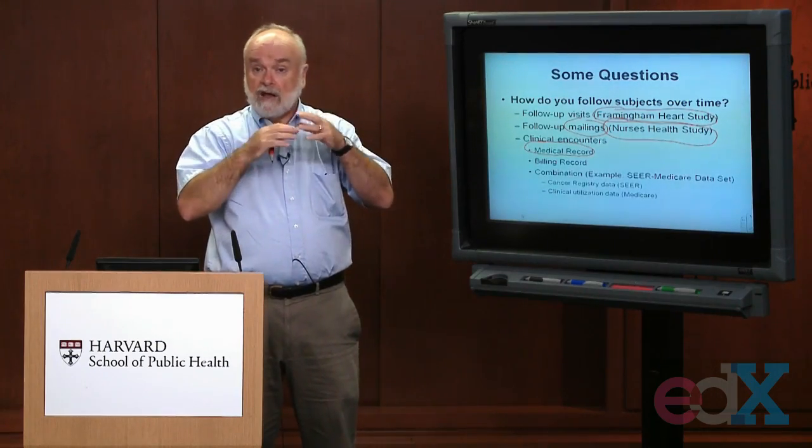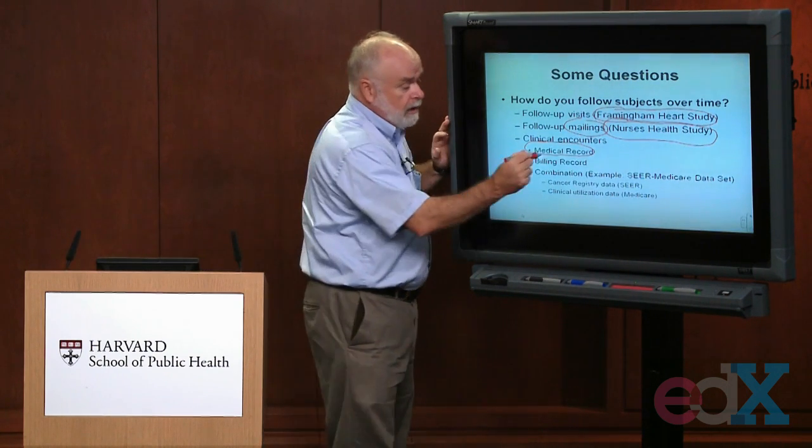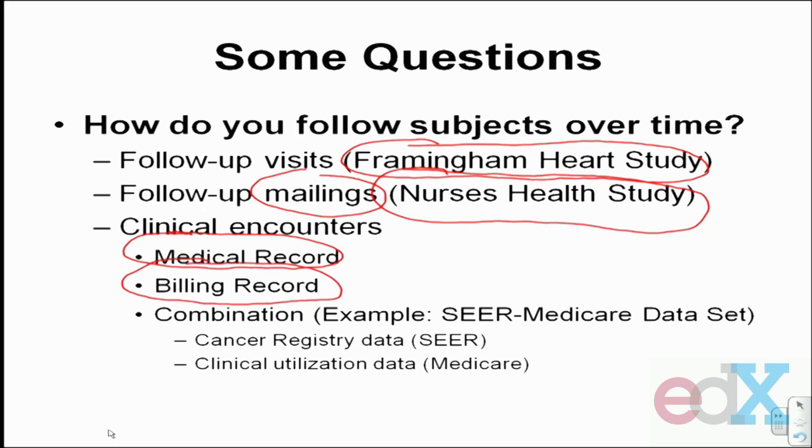Those records might contain some clinical information. They might also contain billing information. Chances are the primary reason for this data set to be created was to track people, to figure out what to charge for whatever procedures were done on them when they saw their physicians or were admitted to the hospitals.